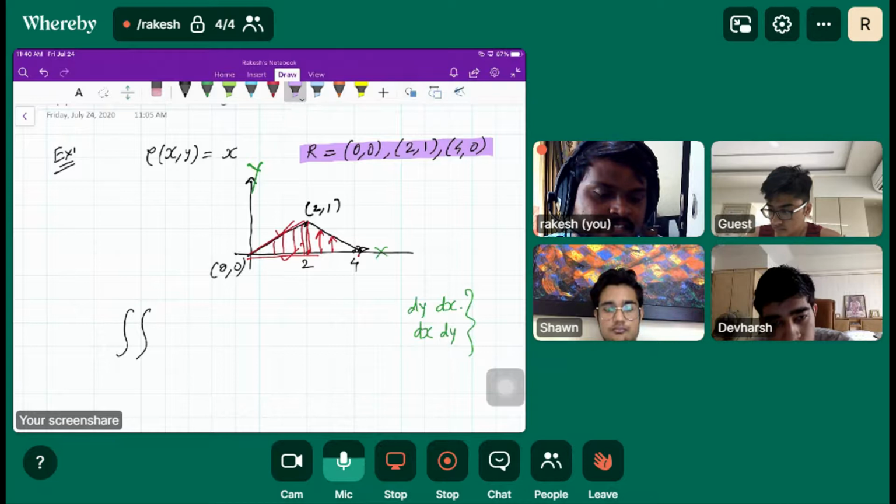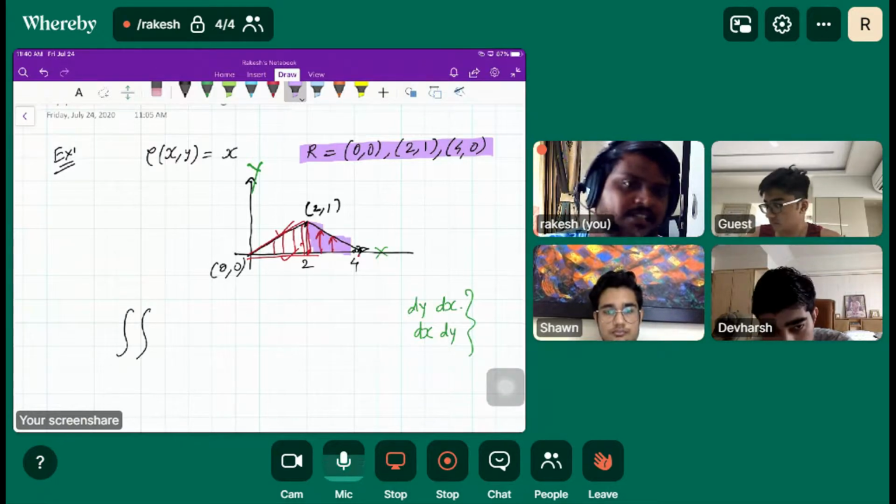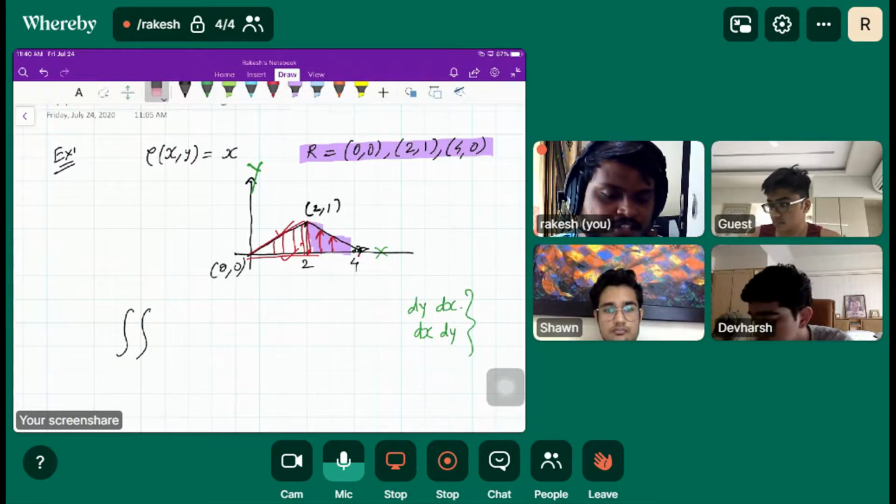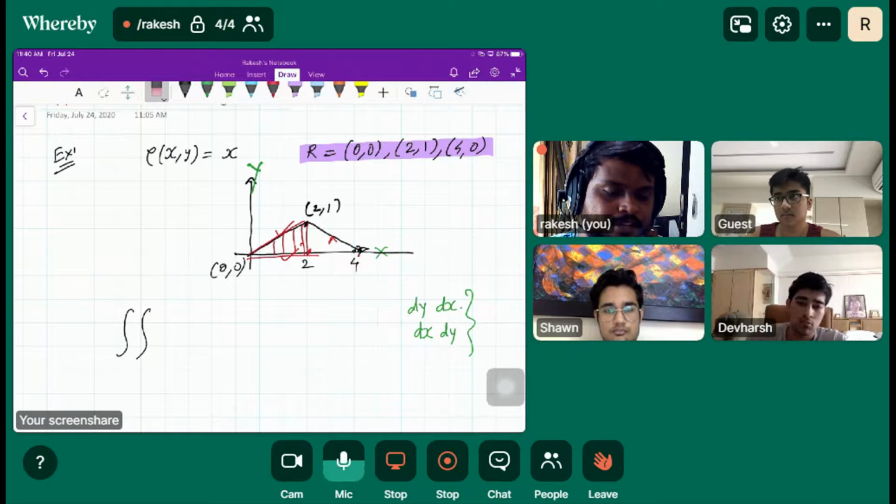So we should not take that direction first if the function is changing.